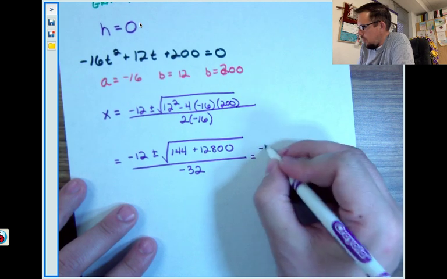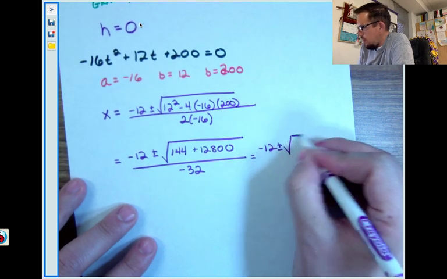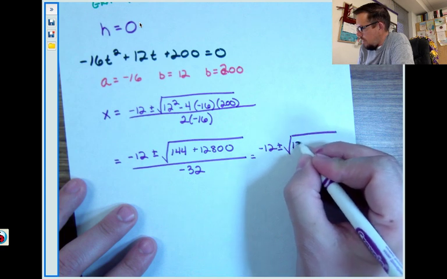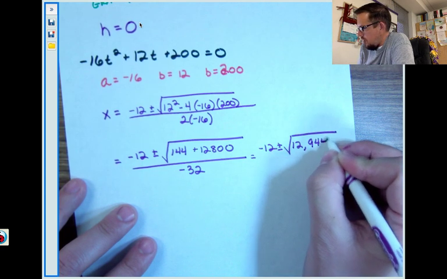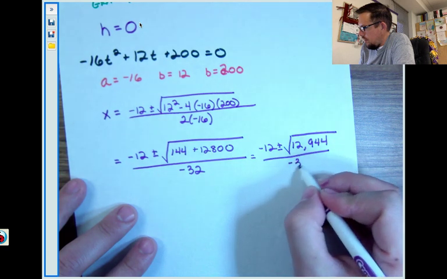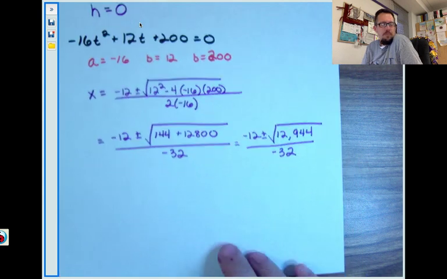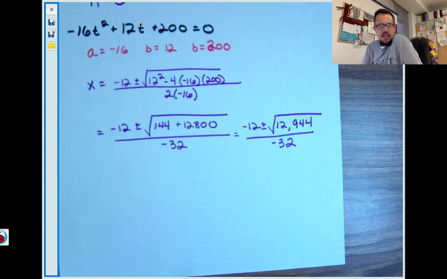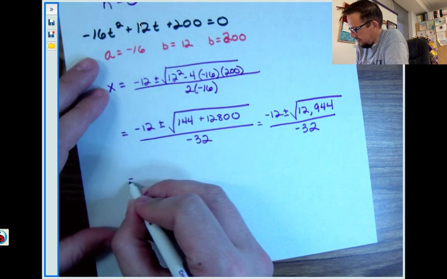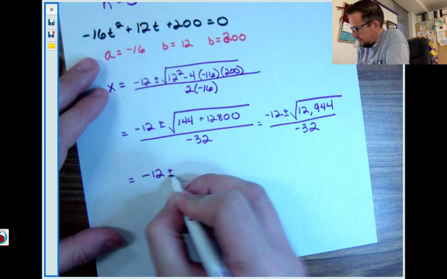So I have negative 12 plus or minus the square root of 12,944 over negative 32. It is a big number. Real big. What's the square root of 12,944? Jimmy Cricket. 4 root 809. A big number as well.